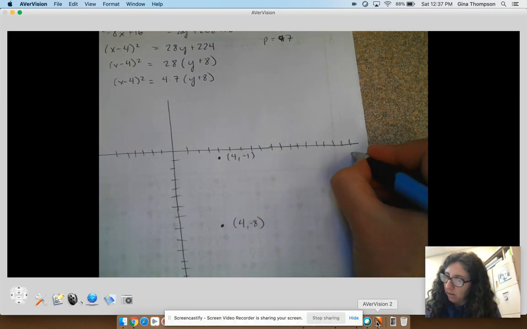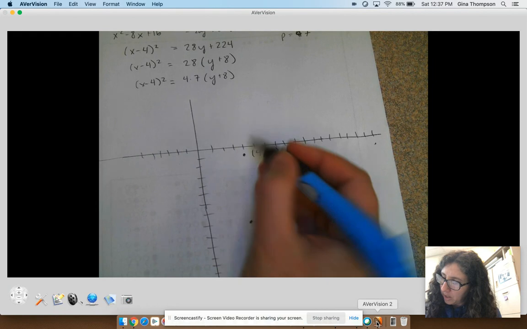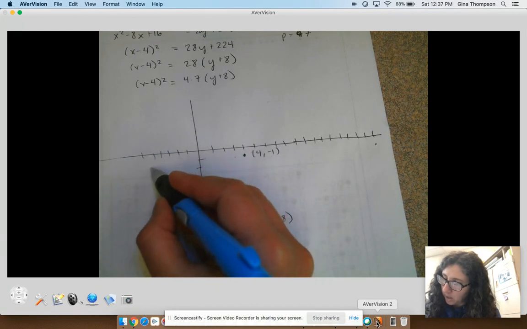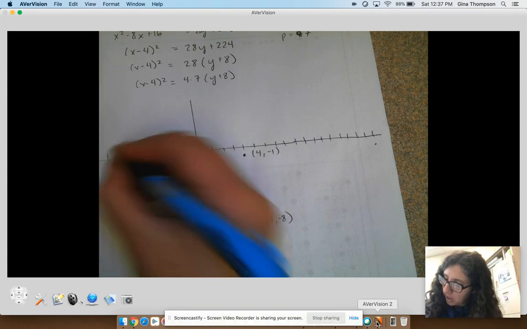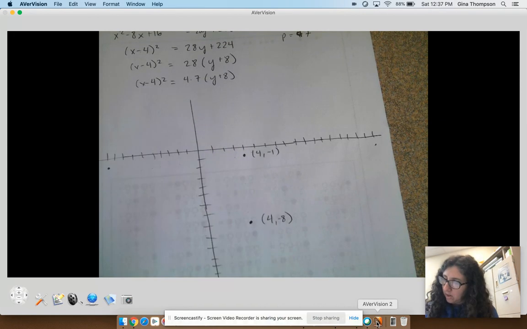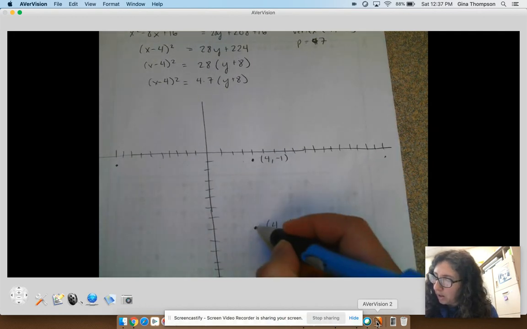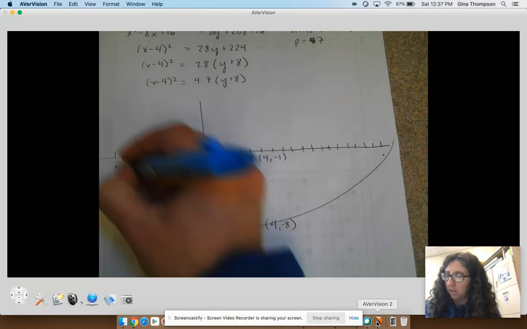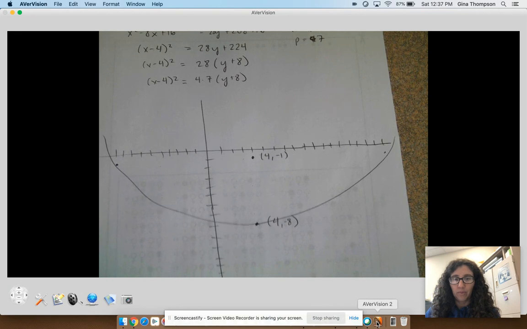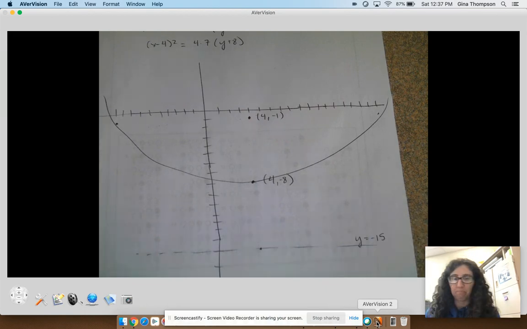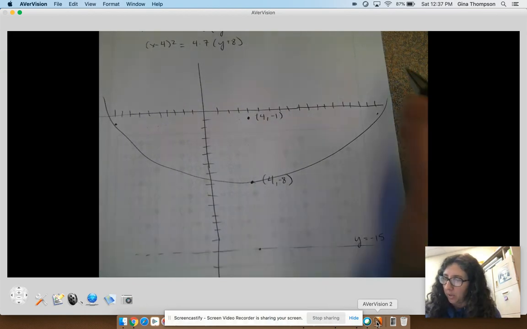So there's one, and then 14 units the other direction. Those would be the 2 endpoints of our latus rectum, and we can connect them like this. And there's your directrix. This would be y equals negative 15, right? And I guess we could label these.